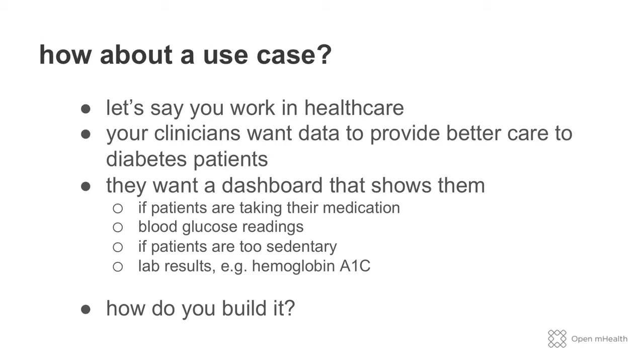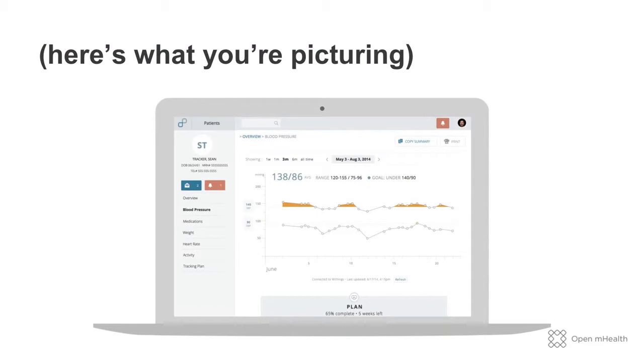So how do you build something like this? Because this data is coming from all over the place, right? Your medication information comes from some cloud system. Your lab results are coming from EHRs, and you have to assemble all this information. So this is kind of what you're picturing the clinician seeing at the end, but you have to build a system to support that dashboard.